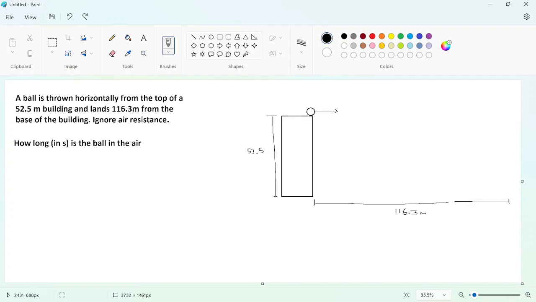Okay, let's see. How can we get that? As I said, every velocity has two components, the x and the y. Let's see which one we could use to get how long the ball will be in the air. I'll tell you right now, you would use the vertical component.